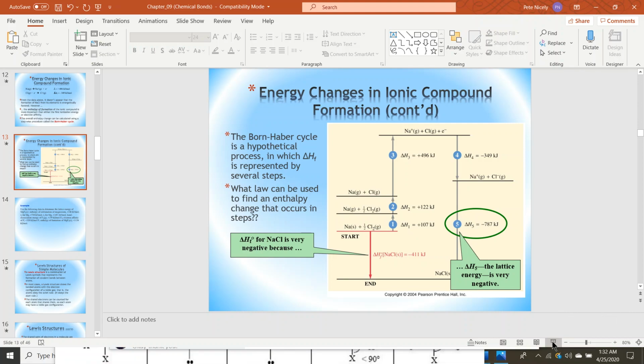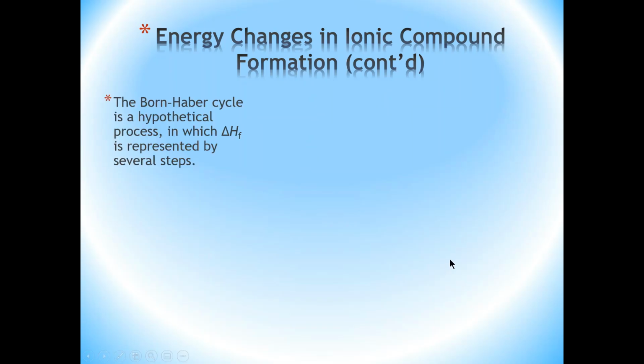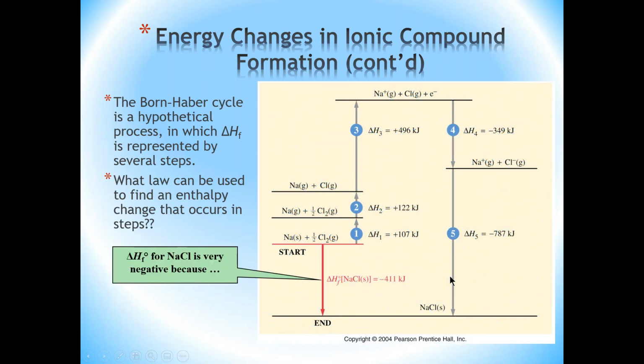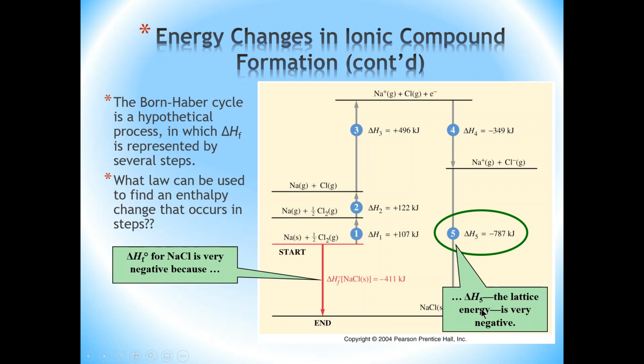So go back to the Born-Haber cycle. Now, if we're assuming that the lattice energy by definition is the energy change taking place when the ions combine to form the solid ionic compound, what you'll see here is that this value is very negative, right? In fact, it's the most negative value in this cycle.